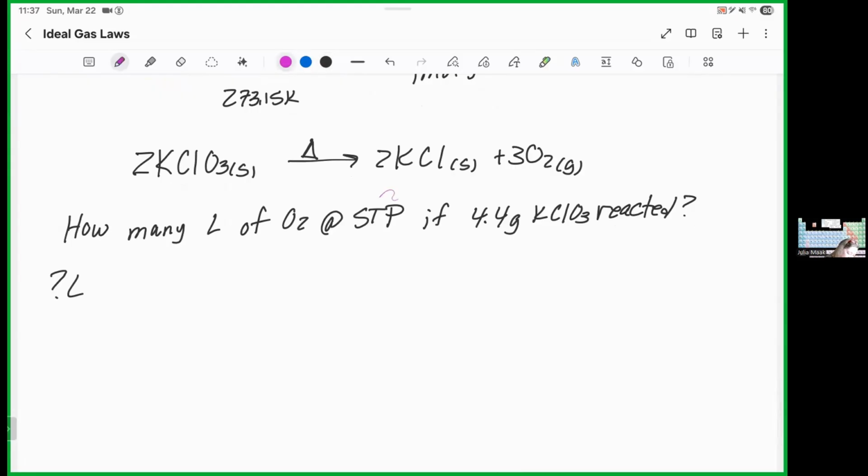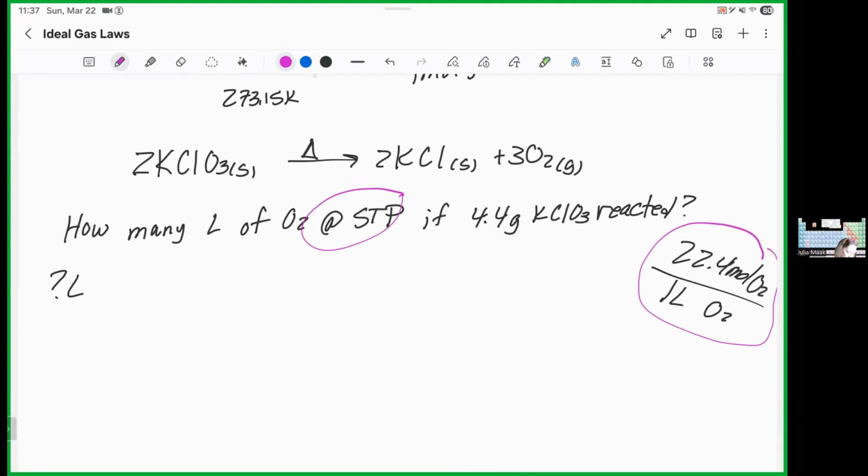Since we are at STP, I always write off to the side my 22.4 liters per mole, and the gas we're talking about is oxygen. Once I get to moles of oxygen, I can use that to get to liters rather than having to do a gas law.